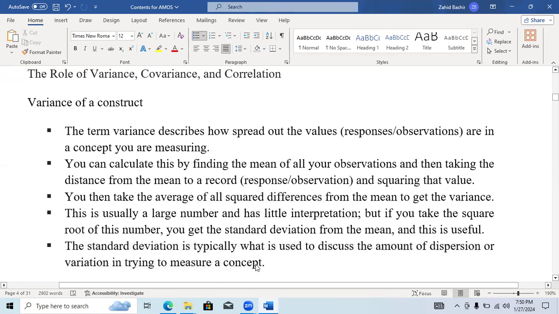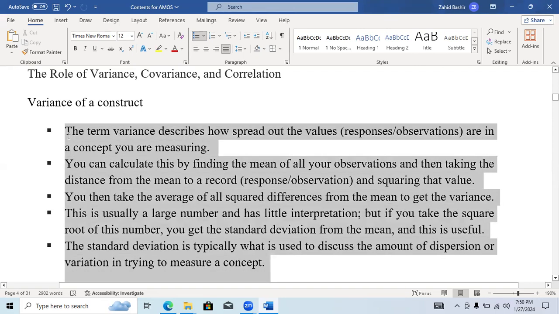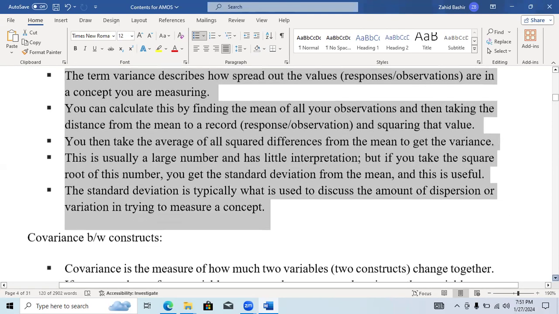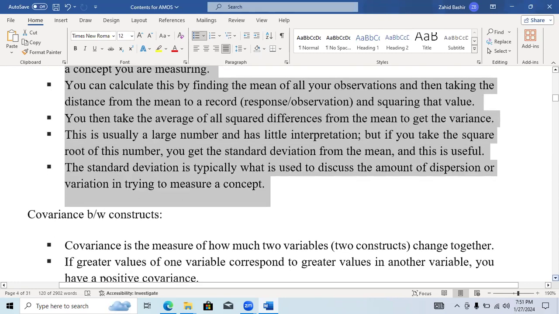So you don't need to worry about these calculations because they are automatically calculated by the software itself. But you need to understand the basic concept of what variance is. So variance means the distance that you have found with reference to a single construct.